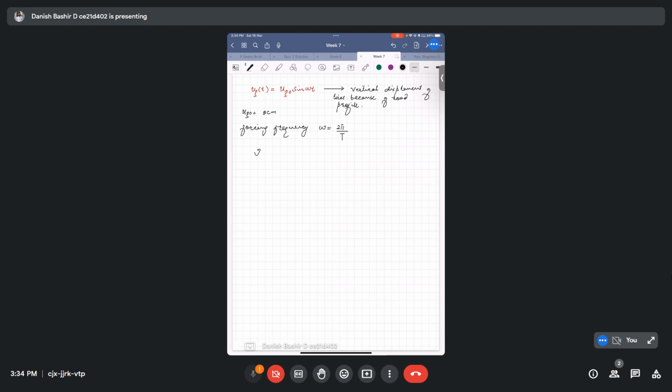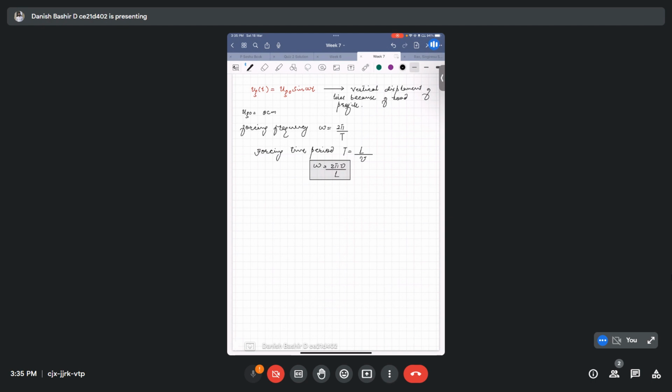The forcing time period T will be equal to the span or the period of this sinusoidal profile L divided by the velocity of the vehicle v, the time taken by the automobile to cross the span. Therefore our omega will be equal to 2 pi v by L. So we got the forcing frequency.